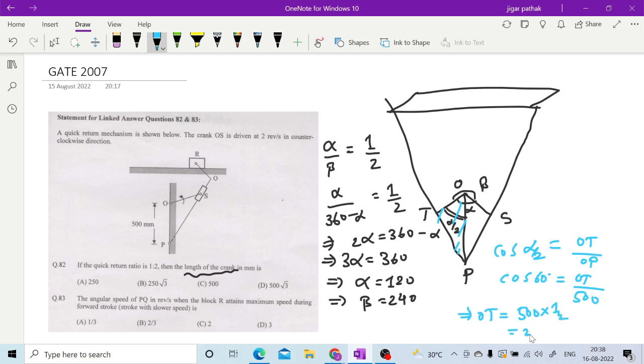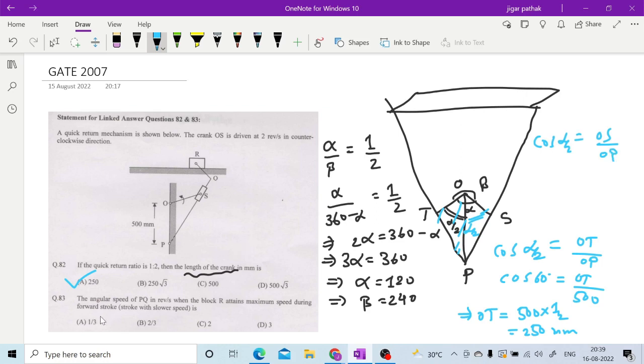So your correct answer, OT, is 250 mm, right? So the crank is OS, no sir? These are the different positions of the crank, OT or OS, as we have seen in the derivation of those equations, right? So here also it will be the same. This angle is also alpha by 2. So if you go for this particular triangle, then also cos alpha by 2 will be equal to OS upon OP. Okay, got it, sir. Got it? It will be the same only, correct?